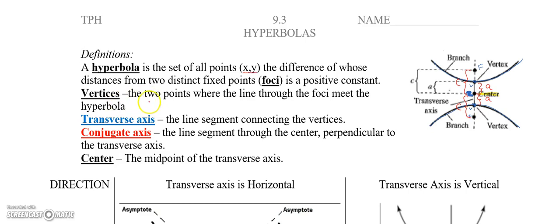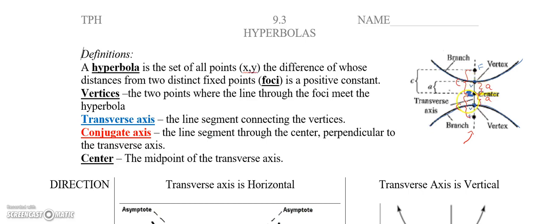So the vertices are the two points where the line through the foci meets the hyperbola. So you have this line here going through the foci, the vertices, and the center. The transverse axis is the line segment connecting the two vertices. So here the transverse axis is vertical and its length is 2a.